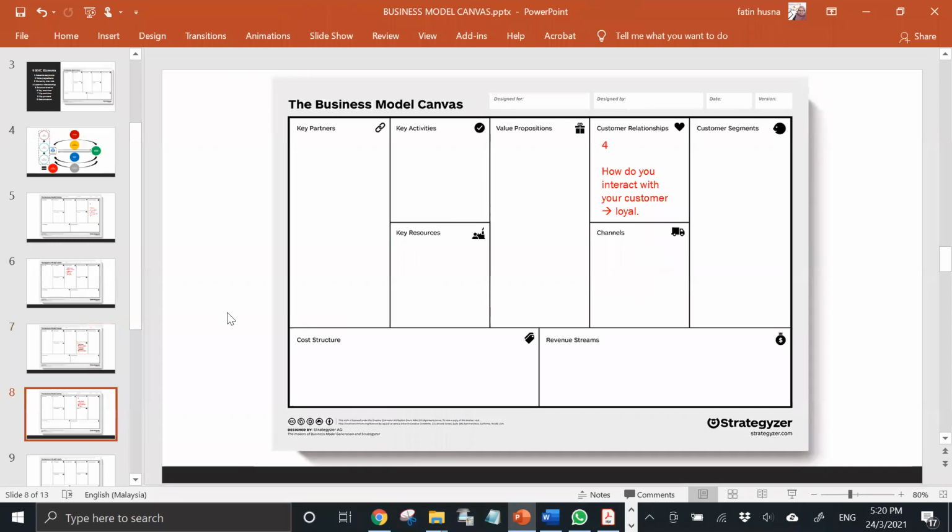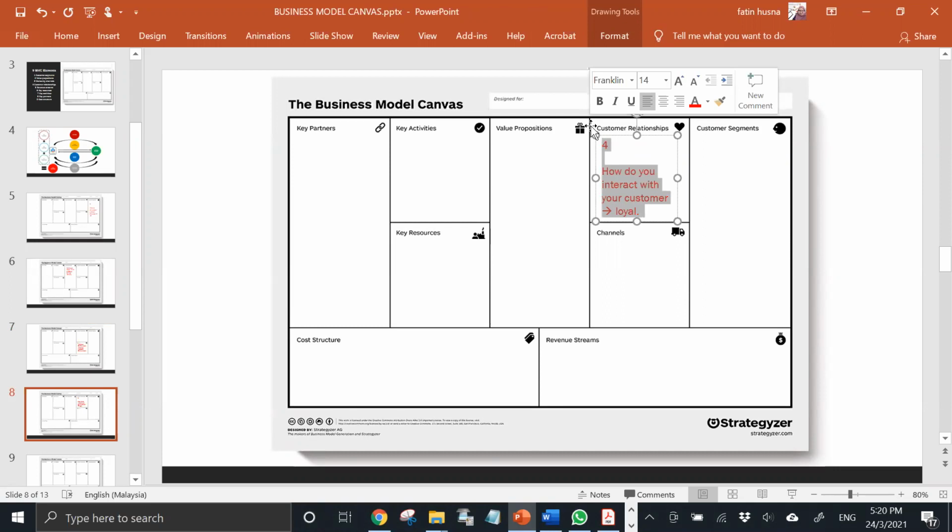Okay, customer relationship is number 4. How do you interact with your customer until they can become a loyal customer? Okay, you can put it like this. For example, you are making contests.